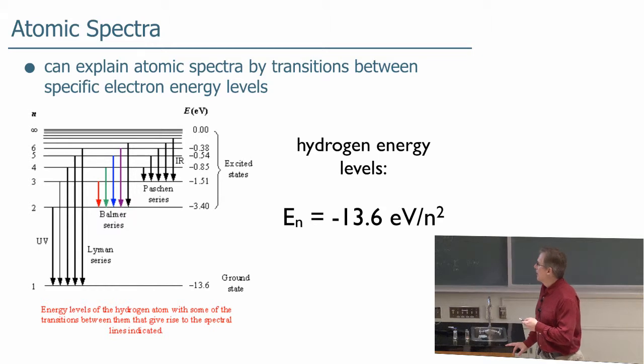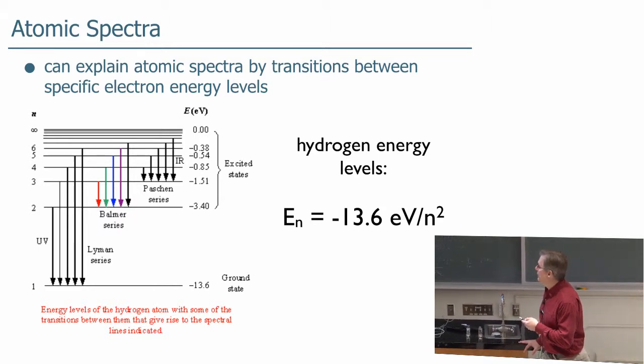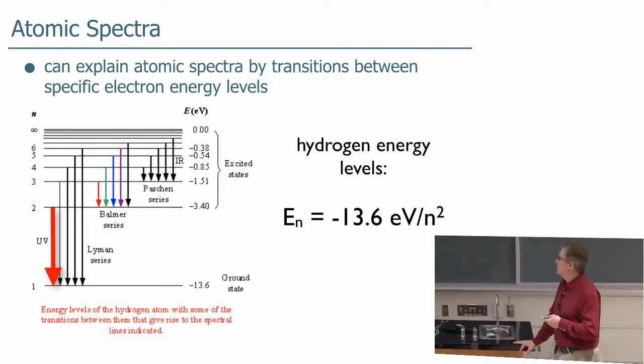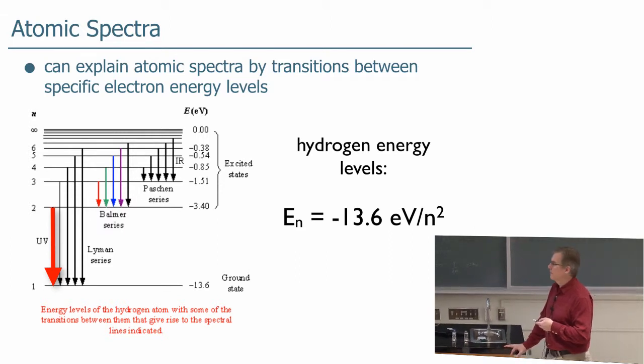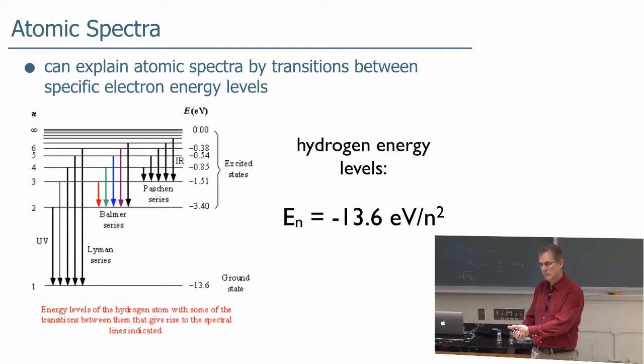Now, if we imagine that we have an electron in the second highest state decaying down to the lowest energy state by emission of a photon, and calculate what that energy is, it's on the order of 10.2 electron volts. Well, from our formula, remember, 1240 electron volt nanometers divided by the wavelength is that.